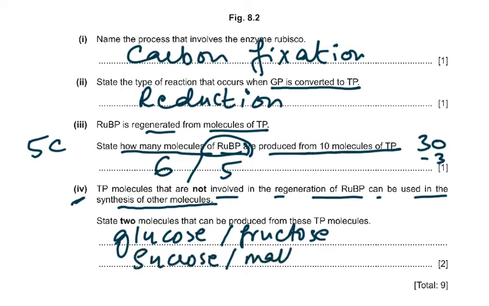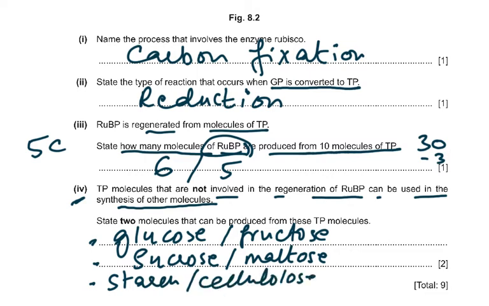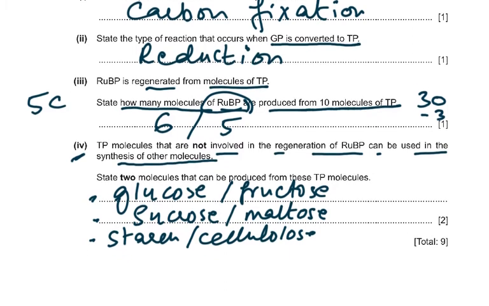You see how it's a category. Glucose and fructose is one marking point. Disaccharide is sucrose or maltose, and then you could have said starch or cellulose, so that would be a polysaccharide. You see how the marking scheme is being made.